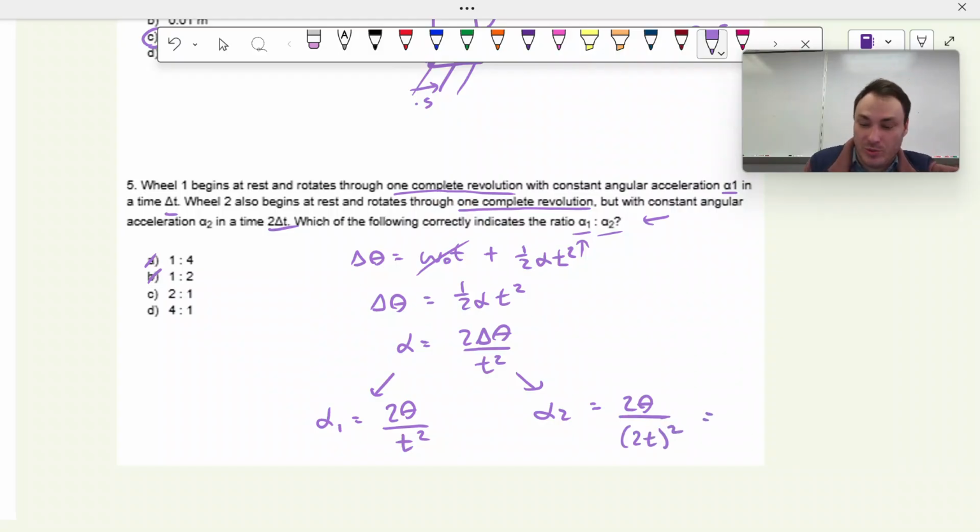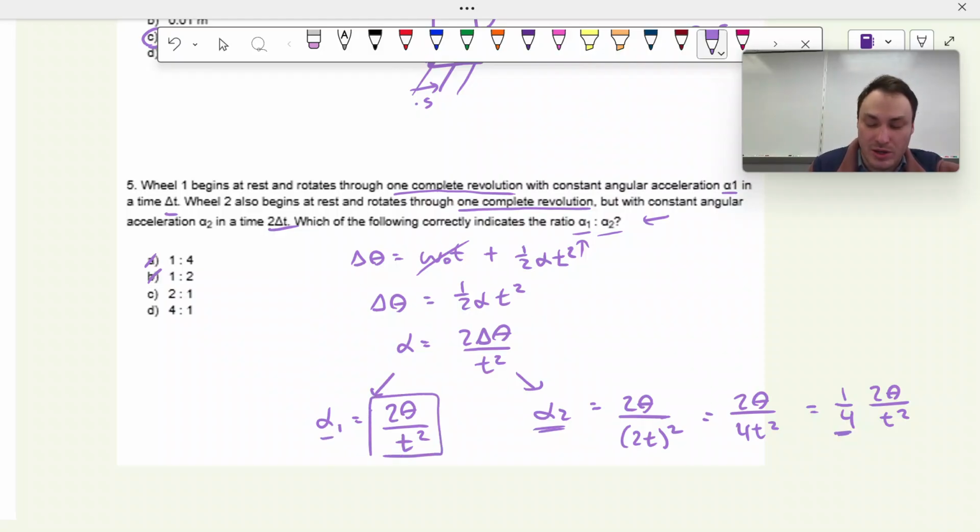So we do have to distribute this square, so we get alpha 2 equals 2 theta over 4t squared, or 1/4 of 2 theta over t squared. And what we can see is that alpha 2 is 1/4 that of alpha 1, because alpha 1 is 2 theta over t squared. So rewriting this, we can just say 1/4 alpha 1. So it's a 4-to-1 ratio. Alpha 1 is 4 times that of alpha 2.